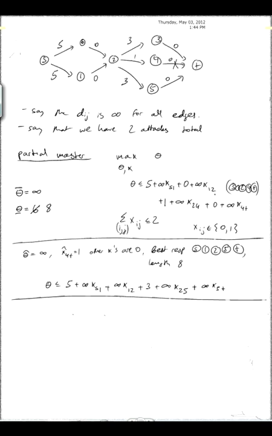We can do that by setting x12 to be 1. If I set x12 to be 1, then both of these right-hand sides are going to be infinity, which lets me set theta to infinity. So a solution that I could get out is something like theta hat is infinity, x12 is 1, and other x's are 0.